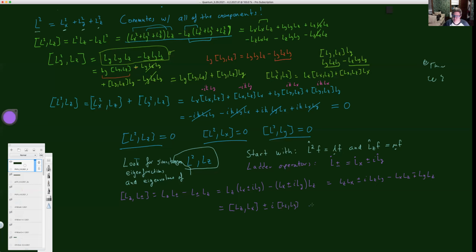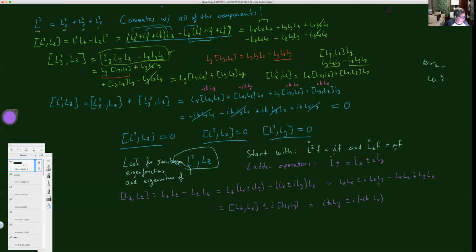So we have i h bar Ly, and then plus-minus i times the commutator, which is minus i h bar Lx. Wait, why do I have Lz on here? No, that's not right. Lx.